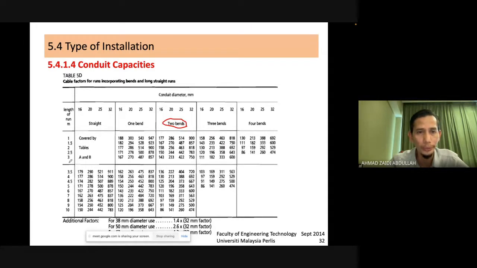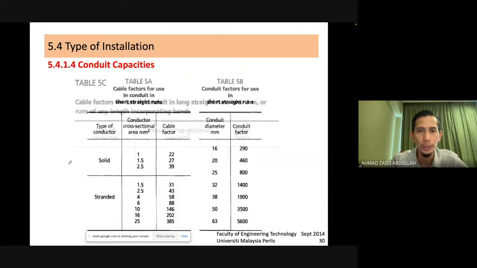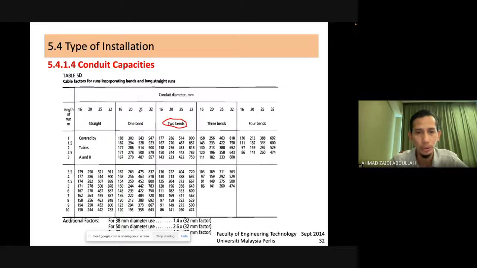We do not know which one, so we check how many meters the cable is. From the question, how many meters did it give? I forgot. This is 10 meters. So it requires 10 meters. Since it's 10 meters, we refer to the 10 meter row, length of cable to bend.